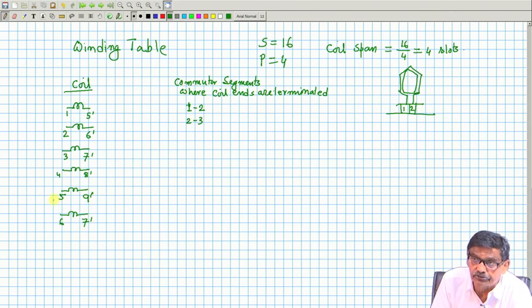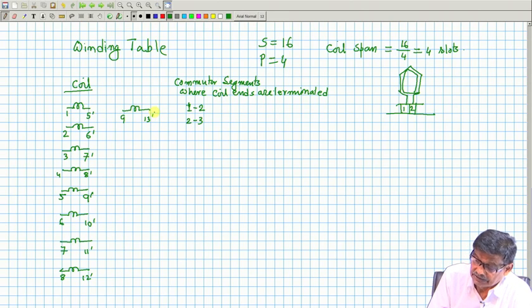These are coil ends, mind you, start finish, start finish. 4 I have to add, yeah. 5 9 dashed is okay, 6 10 dashed, 7 11 dashed, 8 12 dashed, then another 8 coils are there, 9 13 dashed.